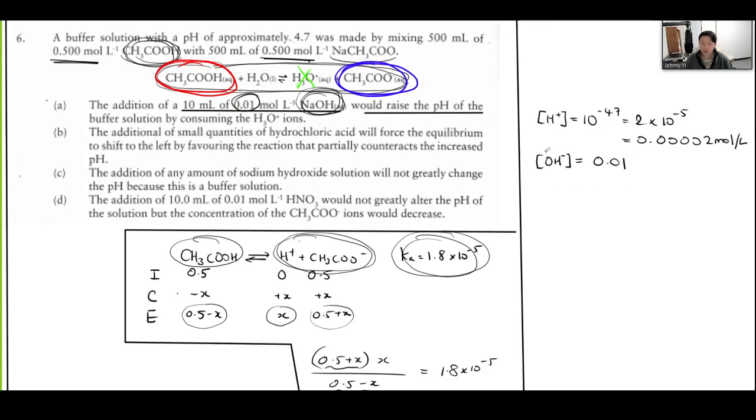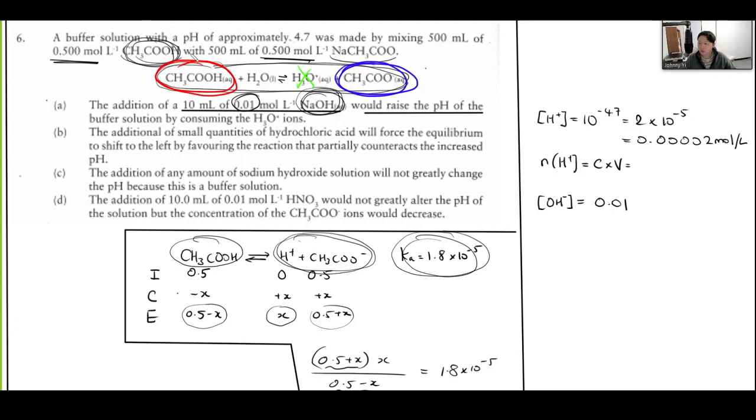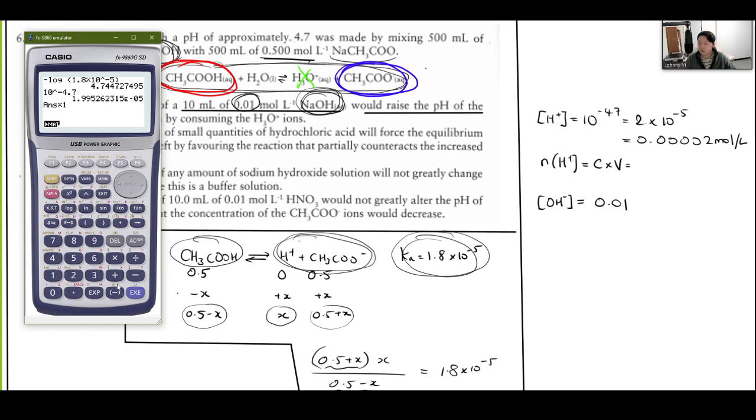Actually, let's figure out the actual number of moles. The number of moles of hydrogen is concentration times the volume. So I'm going to multiply this one. Times the volume, which is going to be 1 liter, 500 mil, 500 mil. So you've got to multiply by 1.